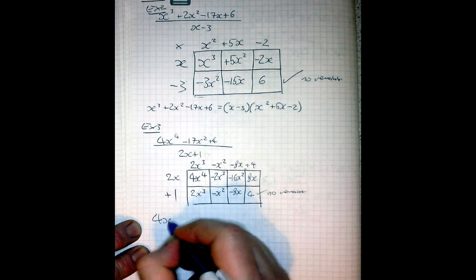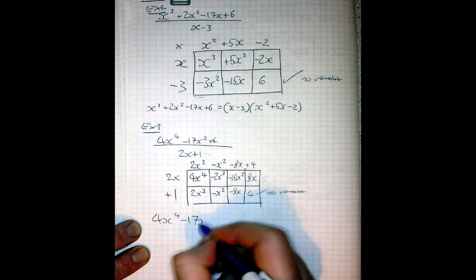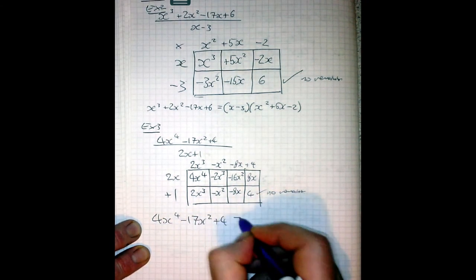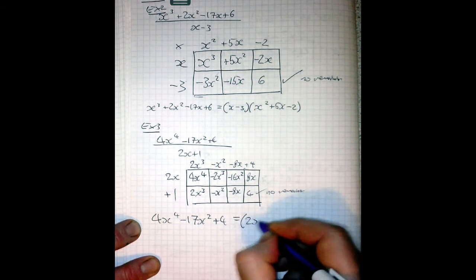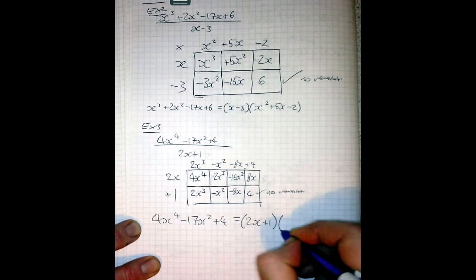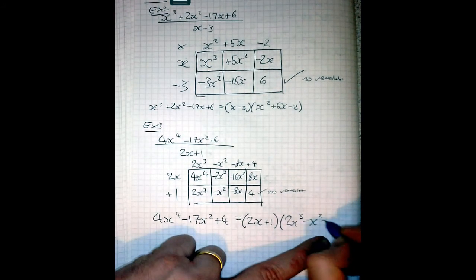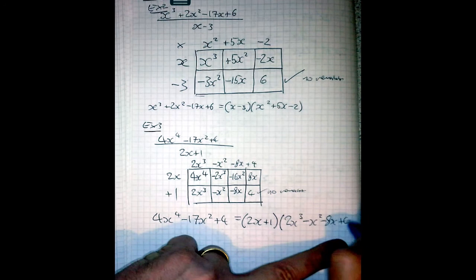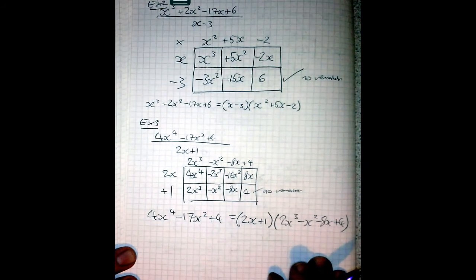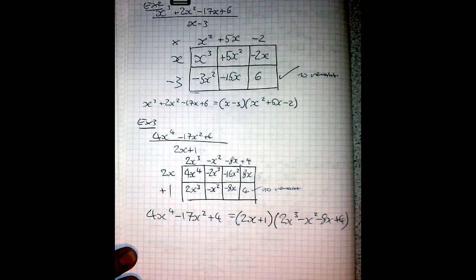So 4x to the 4 minus 17x squared plus 4 is equal to 2x plus 1 times 2x cubed minus x squared minus 8x plus 4. Of course the answer is exactly the same as when I did it using the traditional method, it's just a different method.